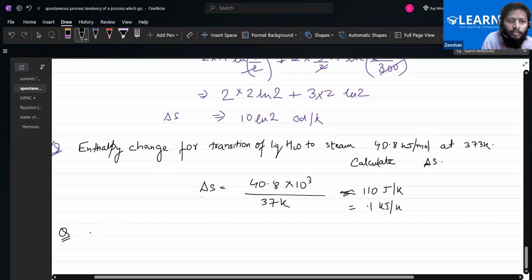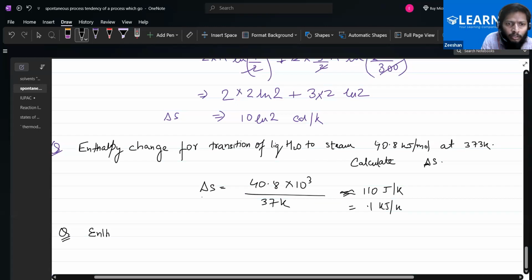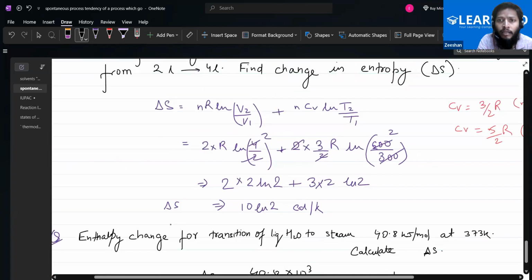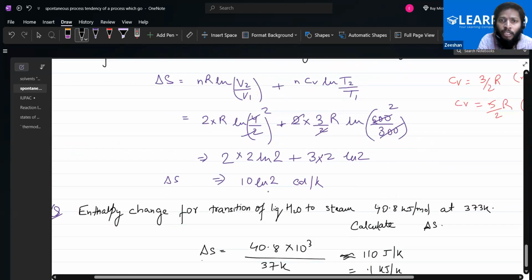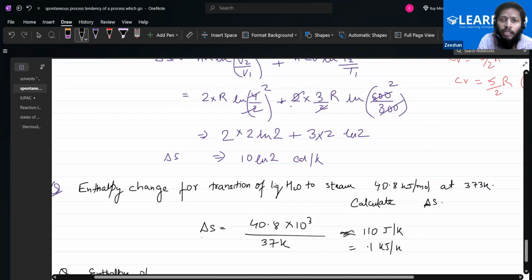You can ask it now. No, sir. Anybody? These questions are very simple, and you just have to put the values in the formula. This formula is very short. This formula is big. However, you have to put the values in it, and you will get the answer.